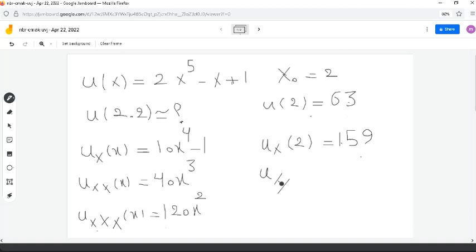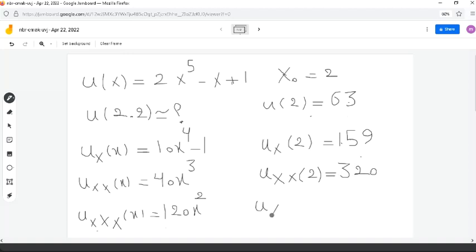u_xx at 2 equal to 2 power 3 is 8, and the result is 320.